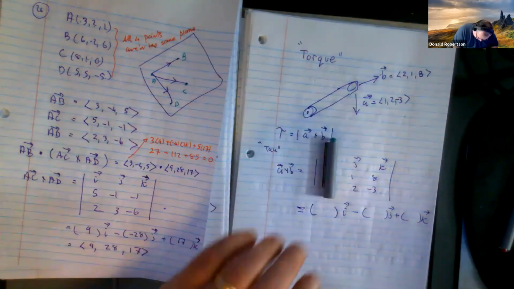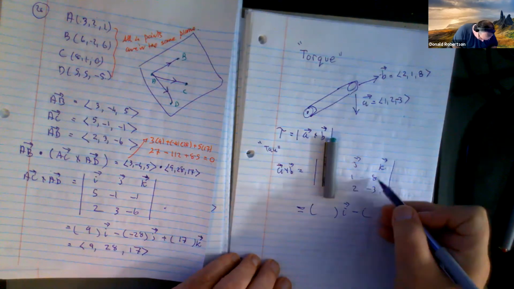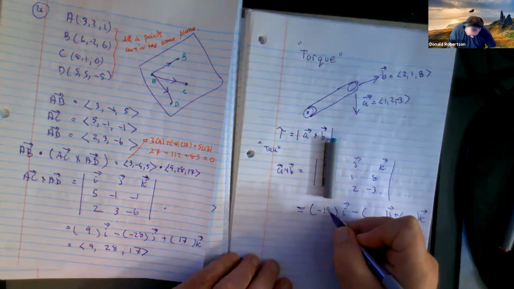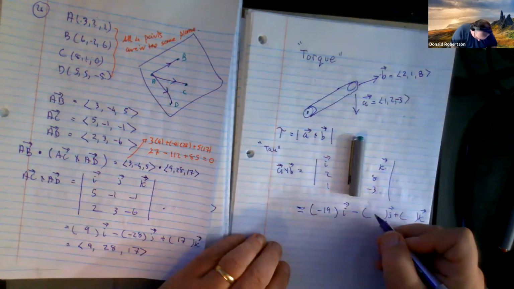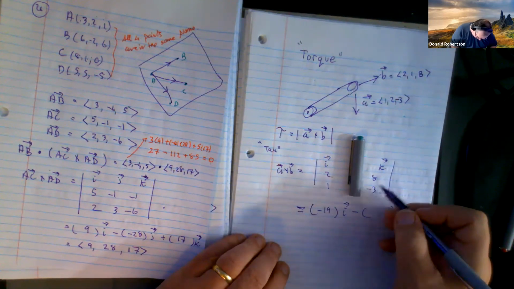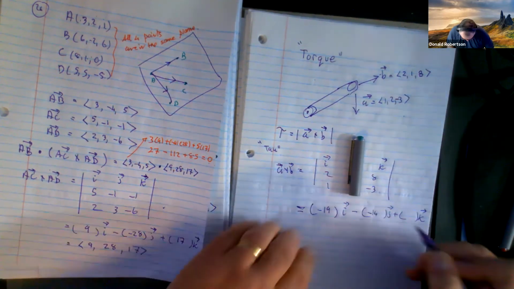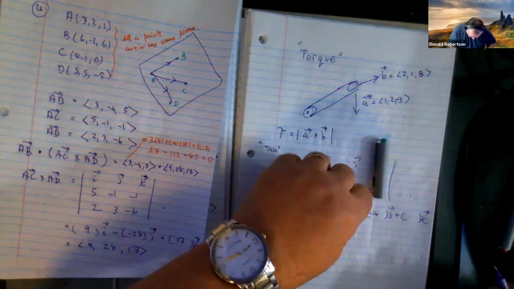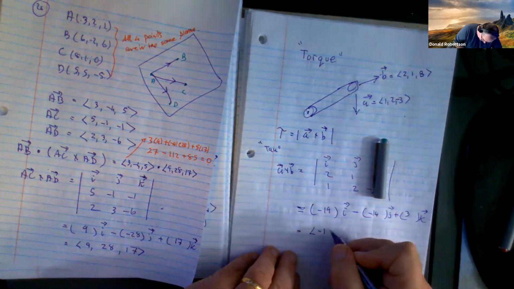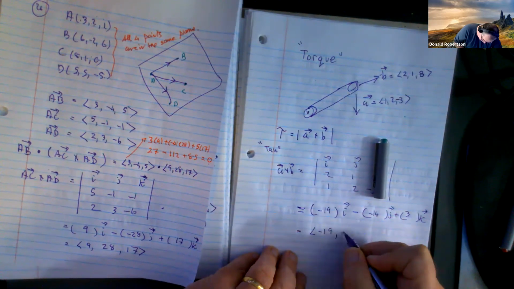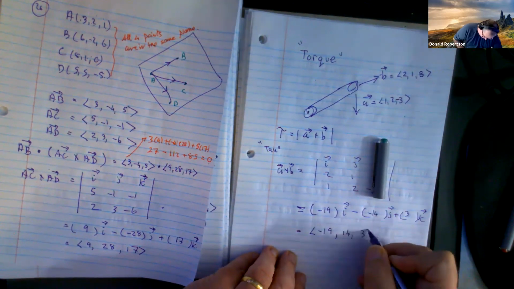Cover that guy up. -3 take away 16, -19. -6 take away 8, right, -6 take away 8, -14. And 4 take away 1 gets me 3. And so I have -19, +14, 3.